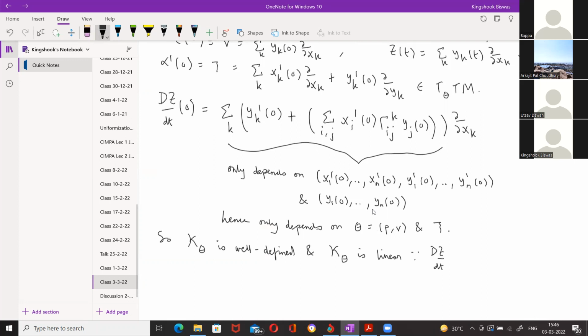Is this clear? So that finishes the proof of the lemma.